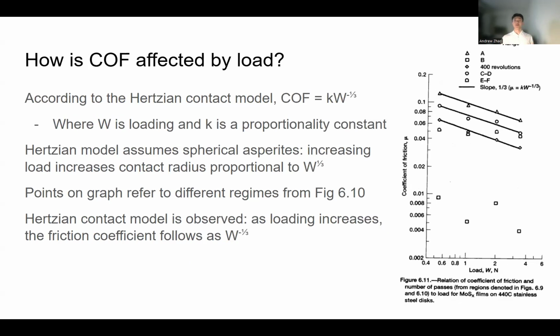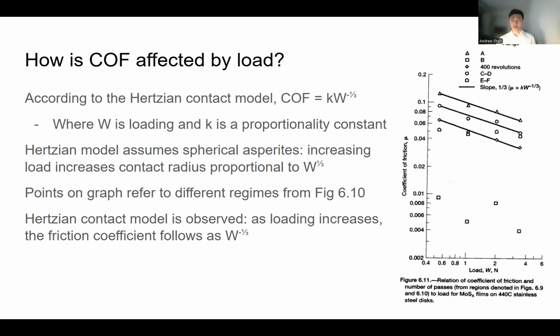So how is the friction coefficient affected by the load? Well, according to the Hertzian contact model, the coefficient of friction is proportional to the loading condition to the minus 1/3. This Hertzian model assumes spherical asperities, where increasing load increases the contact radius, which is proportional to the cube root of the loading.